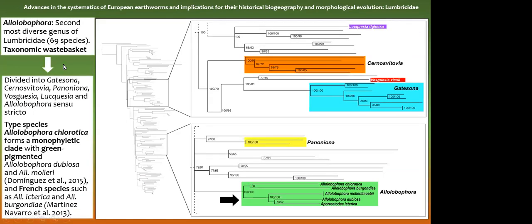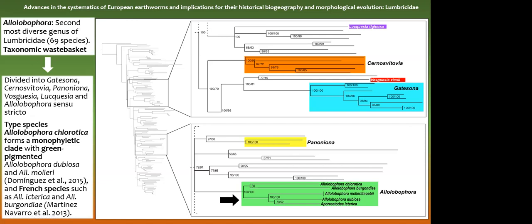So one of those troublesome genera that I mentioned, Allolobophora, is currently the second most diverse genus of Lumbricidae with 69 species, but we know that it's a taxonomic wastebasket. This means that many unrelated species have been put into this genus, mostly because the diagnosis of the genus, or the characters that define the genus, are very lax.